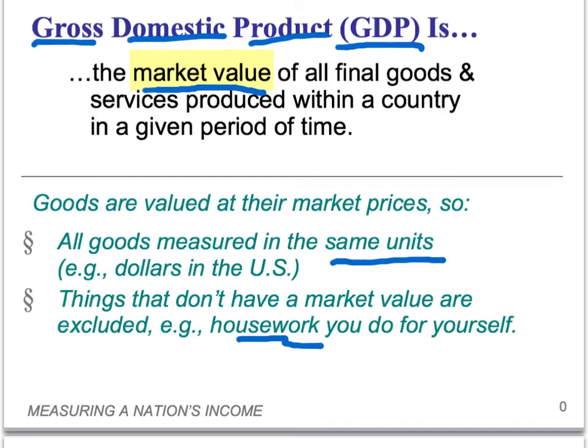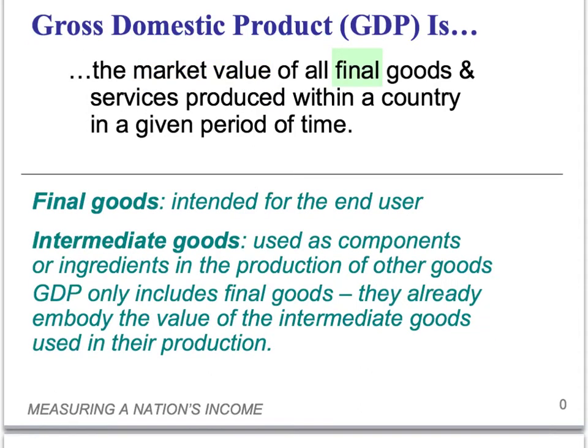But if you just do it for yourself, it's not in GDP. So that is the market value. We have of all final goods and services. This is a very tricky concept, and I'll give you a moment to read the definitions.